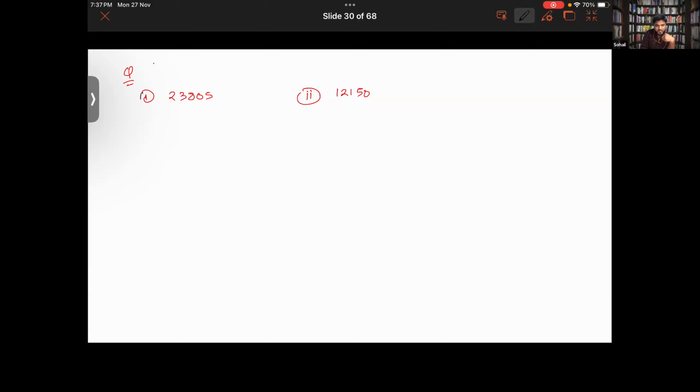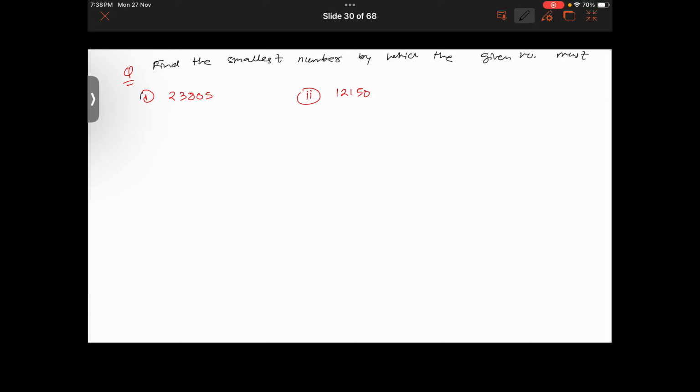Let me write it. Find the smallest number. You guys have to do it, okay? If you remember, we did such questions in the class. By which the given number must be multiplied to make it a perfect square.